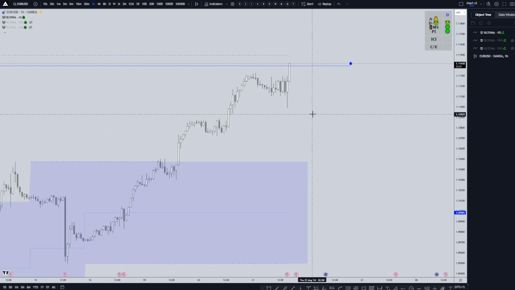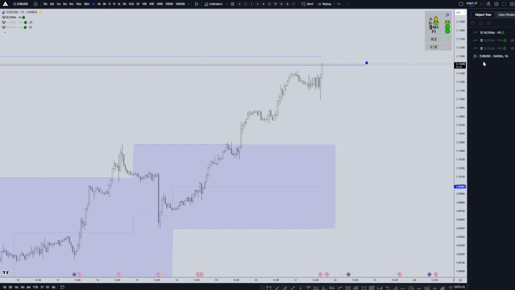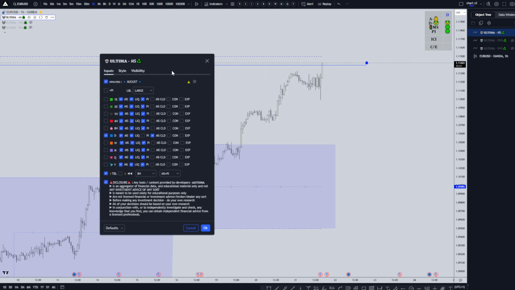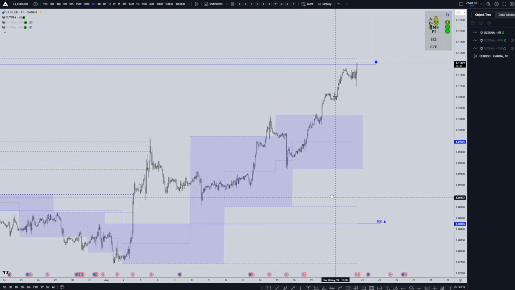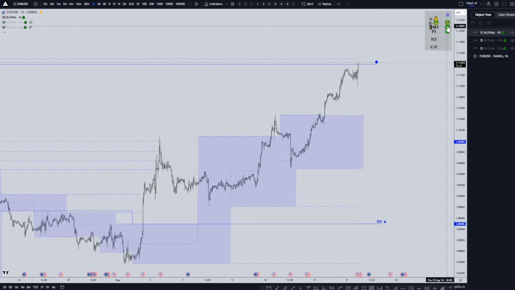So that's regards the market structure, right? Again we have the market structure storyline, which basically shows us what conditions we are in.